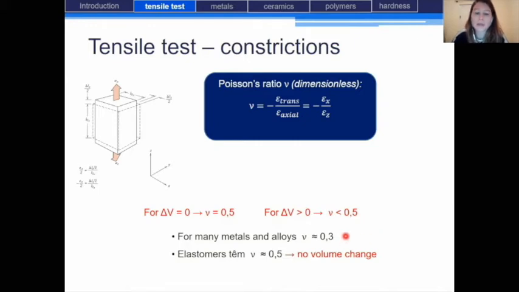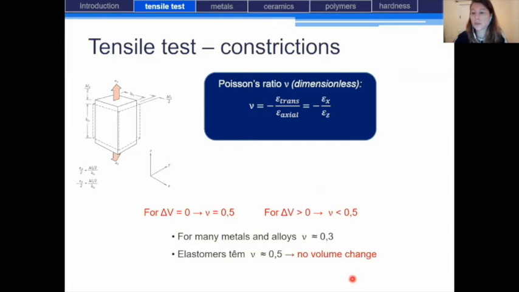And so for many metals and alloys, this Poisson's ratio will be approximately equal to 0.3, whereas elastomers have a Poisson's ratio close to 0.5 because there is no volume change during stretching of such material. So this value will give us an idea of what is going to happen in the different directions of the specimen when it is under tensile load.